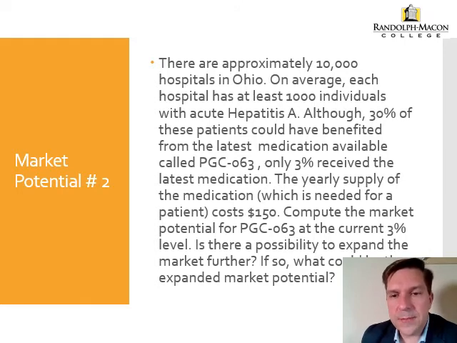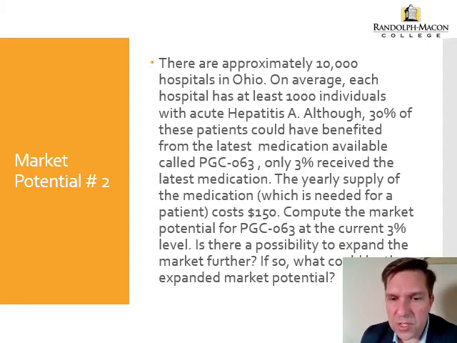Although 30% of these patients could have benefited from the latest medication available, which happens to be called PGC063, only 3% of them received that medication. And the yearly supply of that particular medication costs $150.